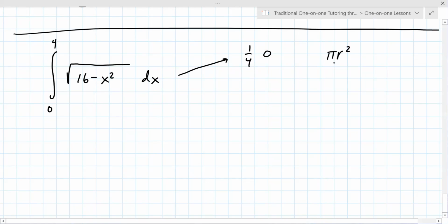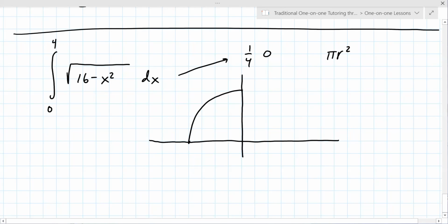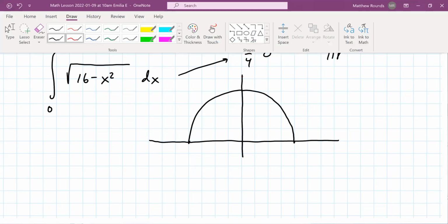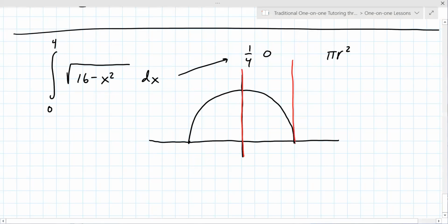Wait, so it's a quarter, not a half this time? Yeah, because we're going from 0 to 4. Okay, so that was the little wrinkle there. The whole thing looks like this, but we only want this region. So it's 4 pi? We went from here to here. So just this region.